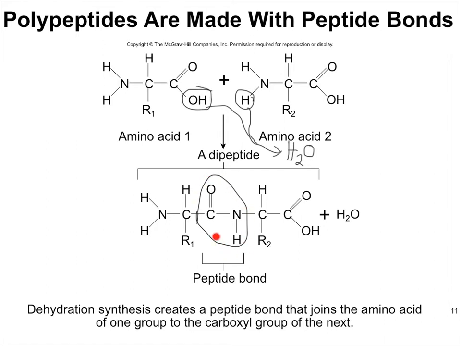It's this carbonyl bonded to a nitrogen. And the peptide bond is, relatively speaking at least, a very strong and stable bond. It's a tougher bond to break, so proteins tend to be pretty hardy within the body.